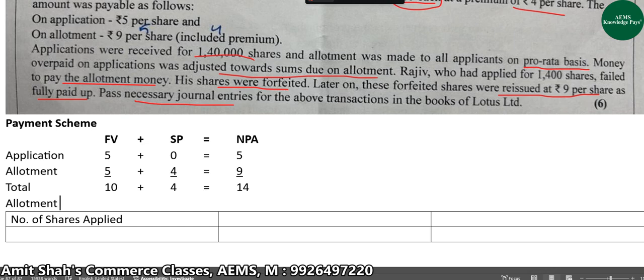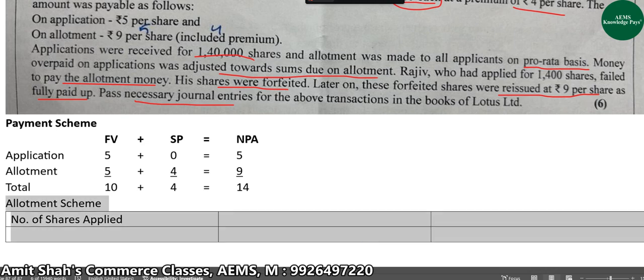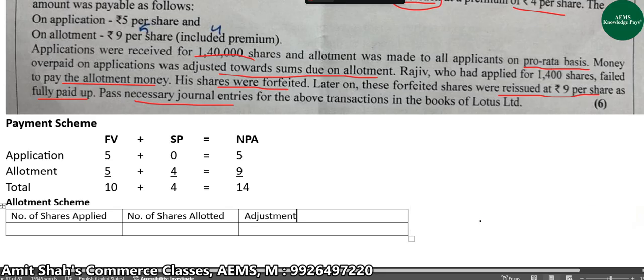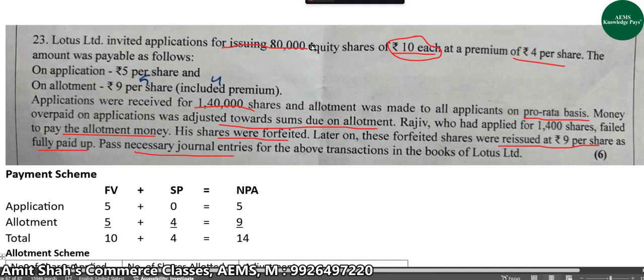This is the allotment scheme. Number of shares applied, number of shares allotted, adjustment. Number of shares applied are 1,40,000 as given to us here. But number of shares allotted are only the ones that the company wants to issue, that is 80,000.